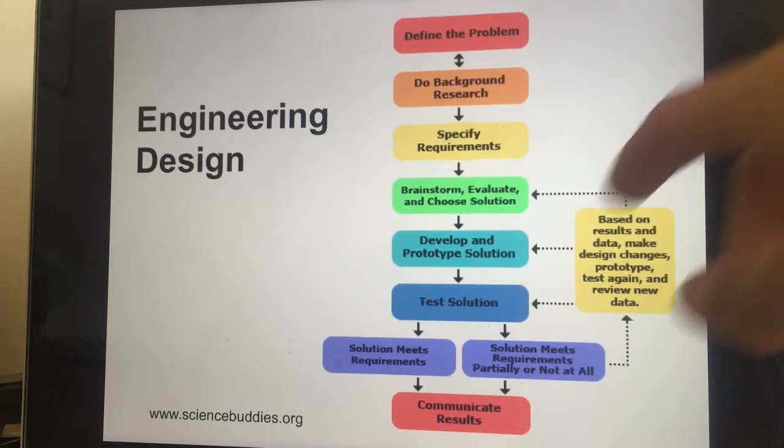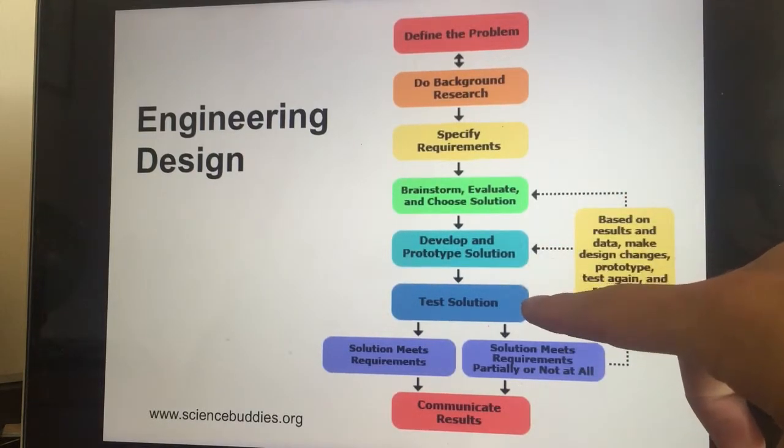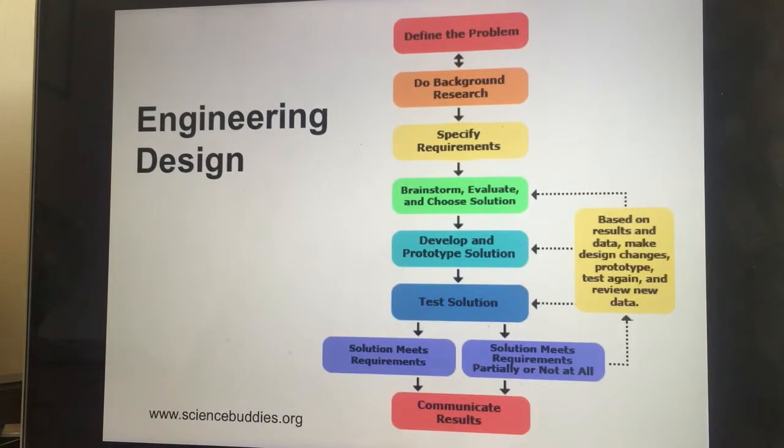Once those prototypes are made, then we move down here to testing the solution. Every single design process and product that an engineering team produces needs to be tested and retested. This ensures that the products are safe and effective, and that the products we implement are the most safe and most effective products we can come up with.